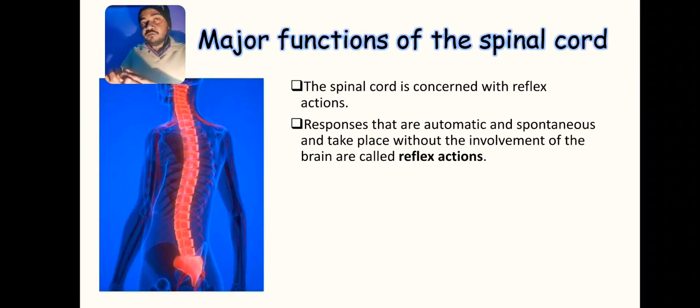So immediately you remove that hand, and by the time the message goes to the brain, the hand is removed. Then the brain sends the message to assess the damage, see why it happened, remove that cause, be cautious. All those things happen later.